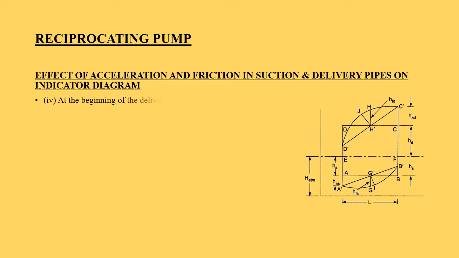At the beginning of the delivery stroke, HAD, which is the pressure head due to the acceleration in the delivery pipe, is equal to minus LD by G into capital A by small ad into omega squared r, where small ld is the length of the delivery pipe and small ad is the area of the delivery pipe.